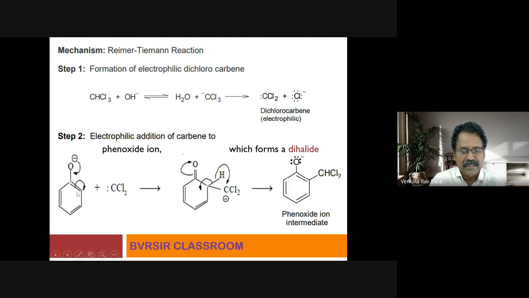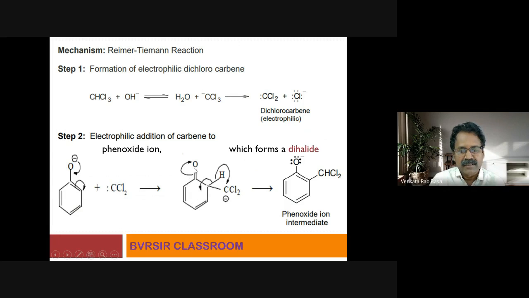Then the double bond migrates to the ortho position, as I am showing with the cursor. Already there is an arrow mark there. When there is high electron density on this ortho position, it becomes the site of attack for the dichlorocarbene. You observe this one. So this is the intermediate species that is formed.